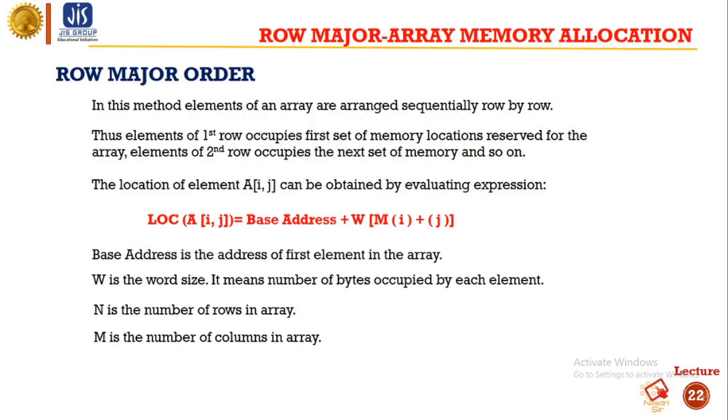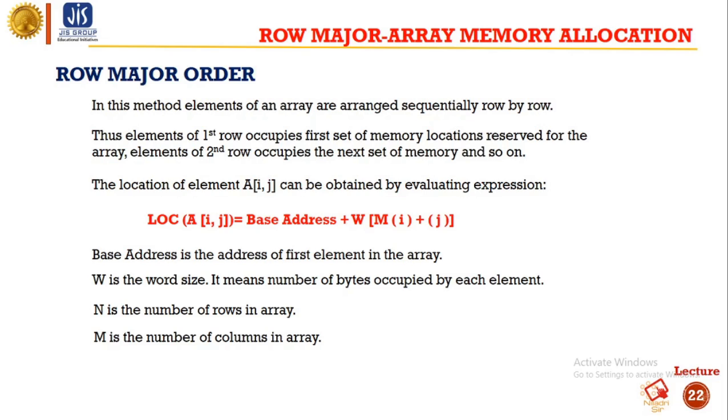So in row major order, elements of an array are arranged sequentially, row by row. The elements of the first row occupy the first set of memory locations reserved for the array, and elements of the second row occupy the next set of memory, and so on.